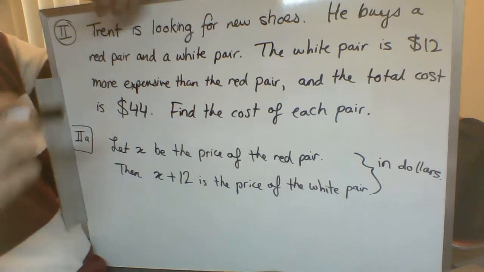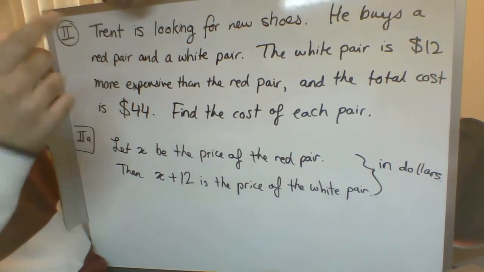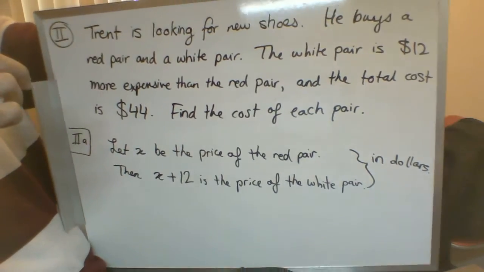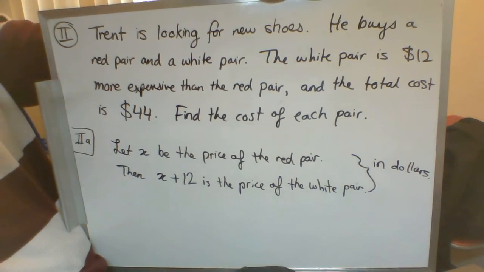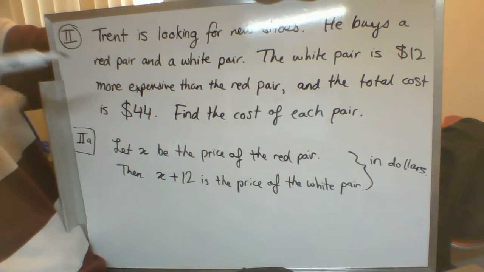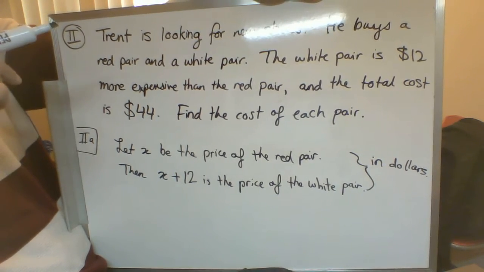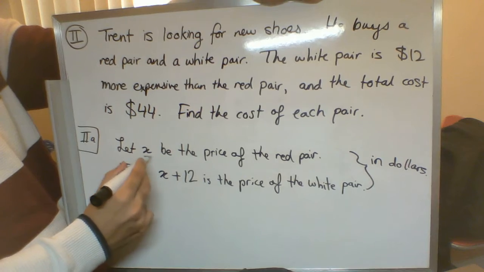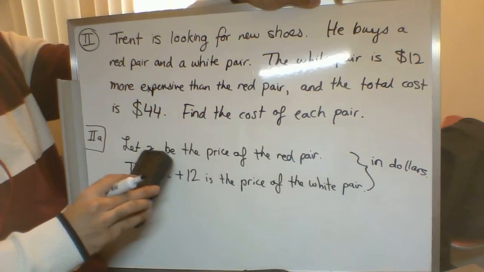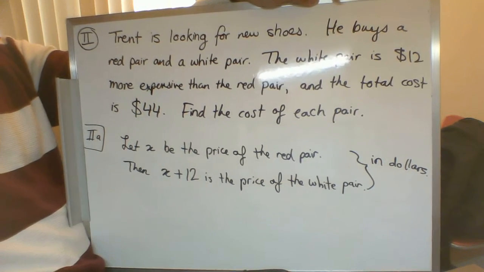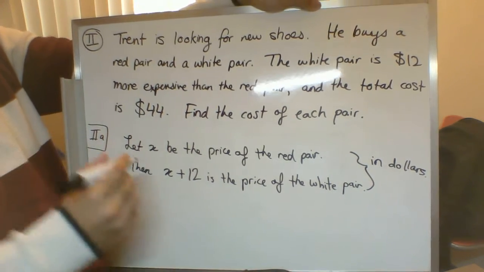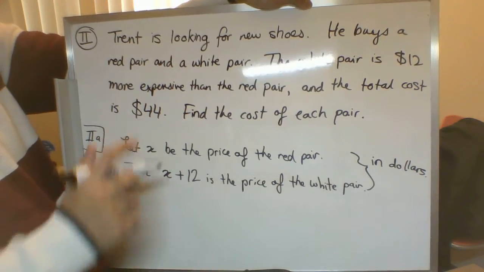So now we've got to use one more piece of information. Right now we've used that the white pair is $12 more expensive than the red pair, and that the red pair costs some amount of money, which is x dollars. That's not particularly helpful yet. So we need to use one more piece of information, which is that the total cost is $44.